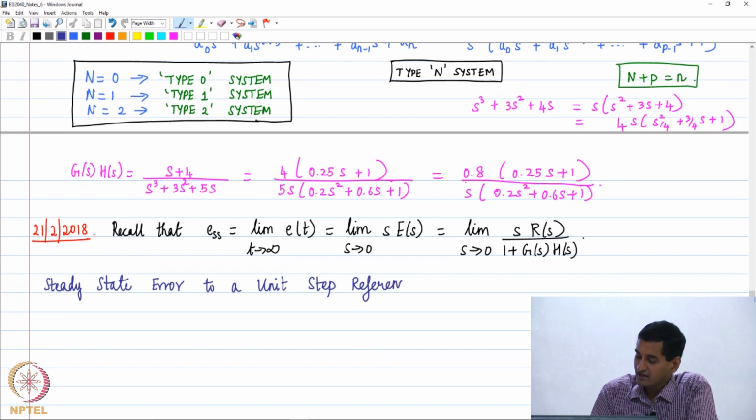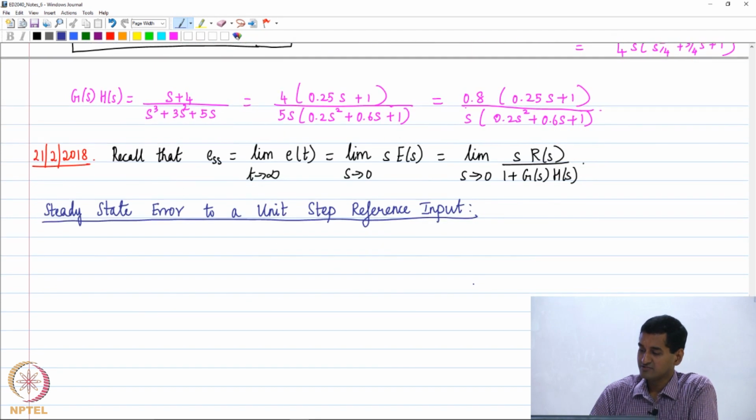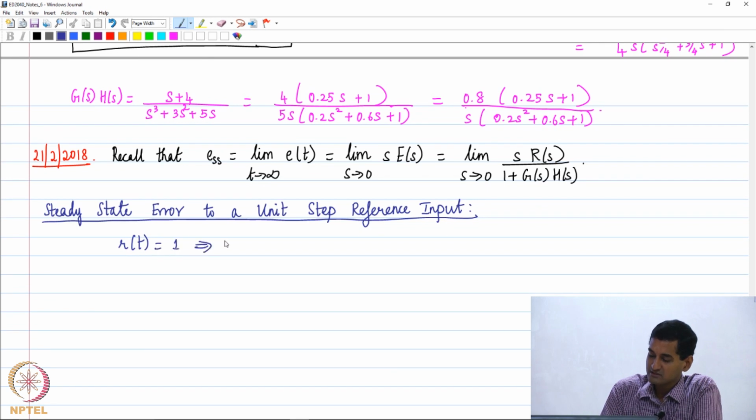So, let us take R of t to be 1 and let us observe what happens, right. So, that is the first analysis we are going to do as far as steady state error analysis is concerned. So, if R of t is 1, what is R of s? It is going to be 1 divided by s, right.